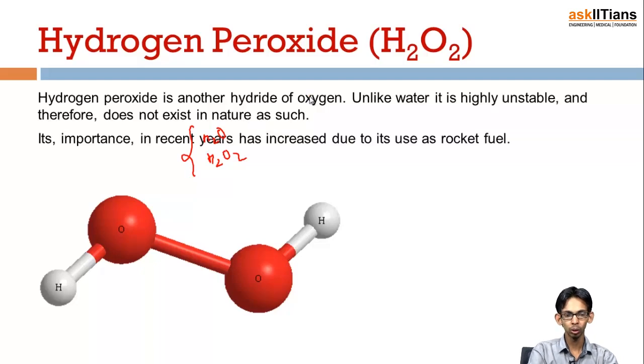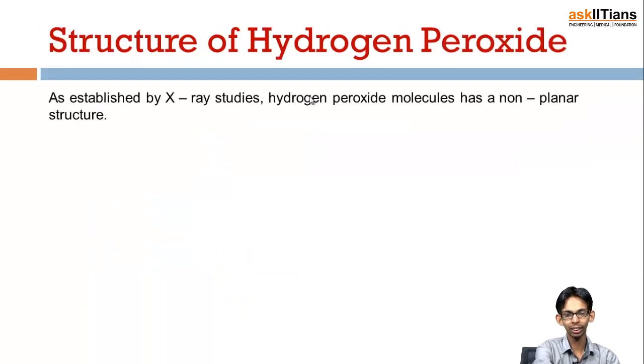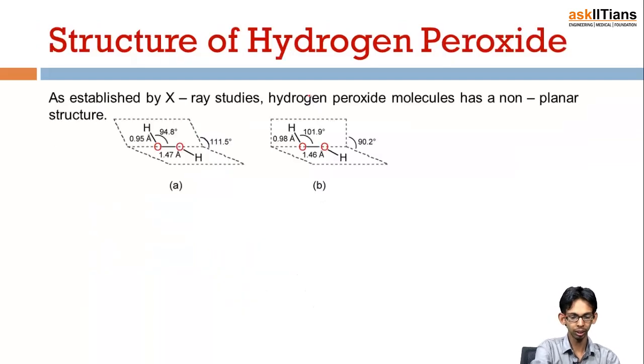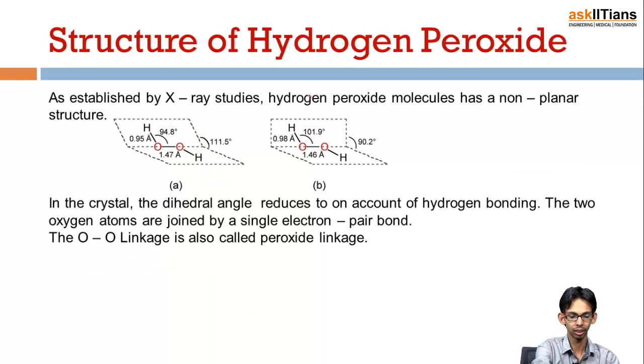So the basic structure of H2O2 is like this. X-ray studies have shown that the structure is basically: oxygen, another oxygen, then a hydrogen, another hydrogen.